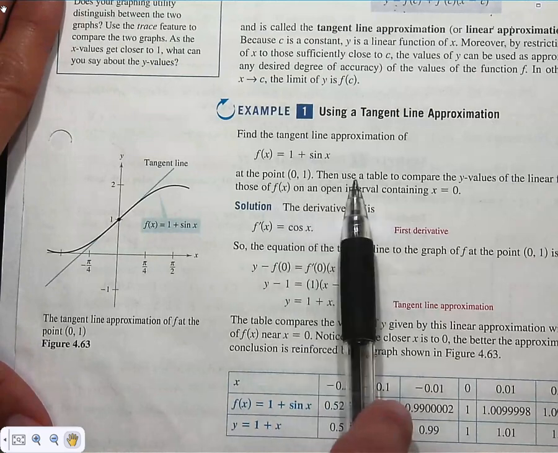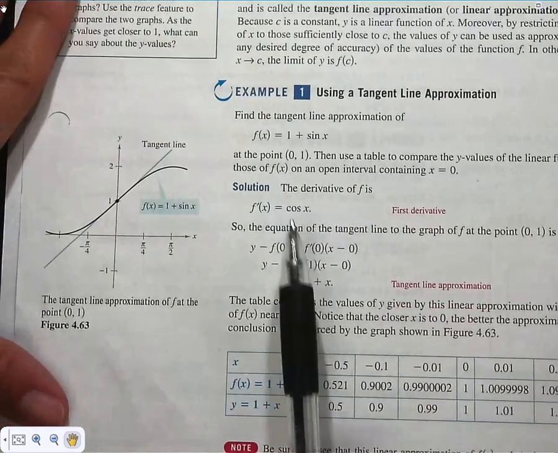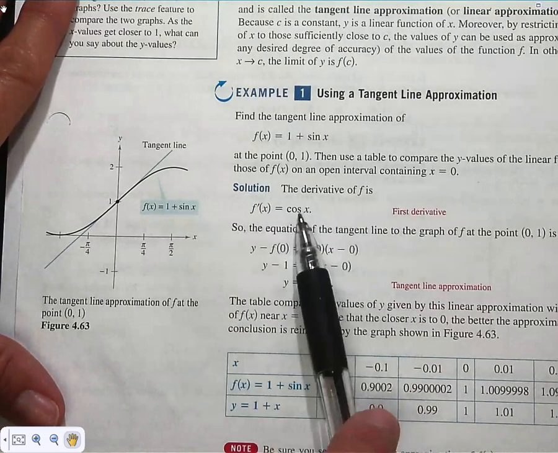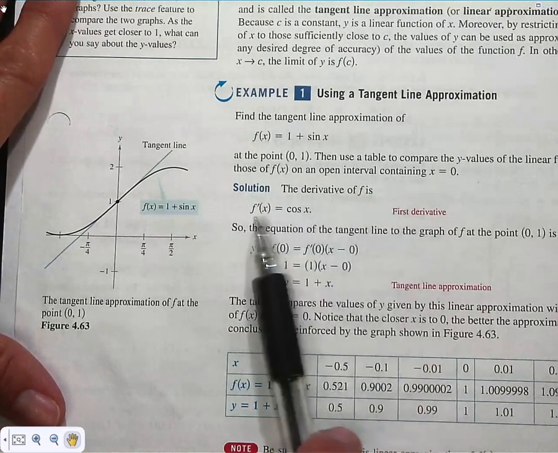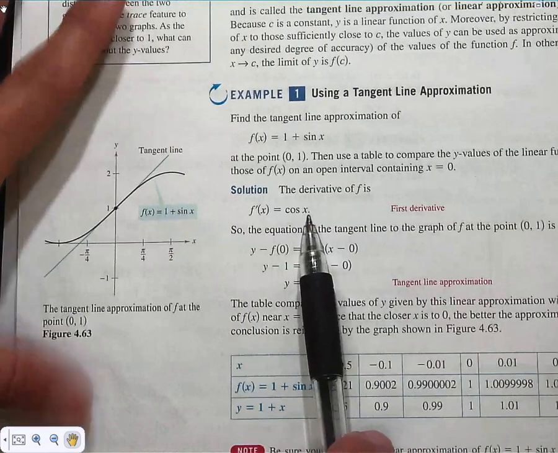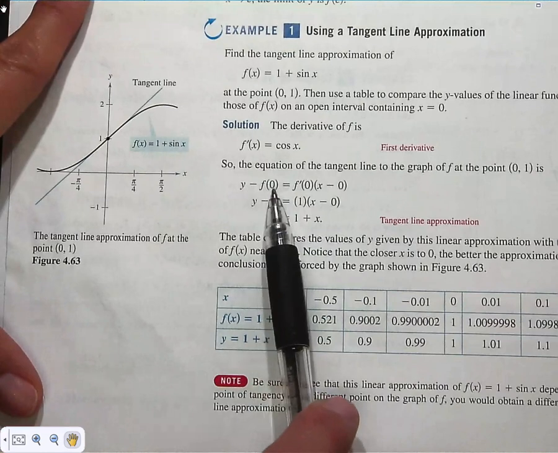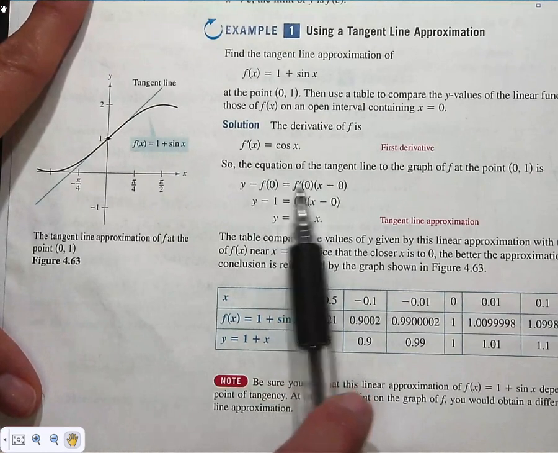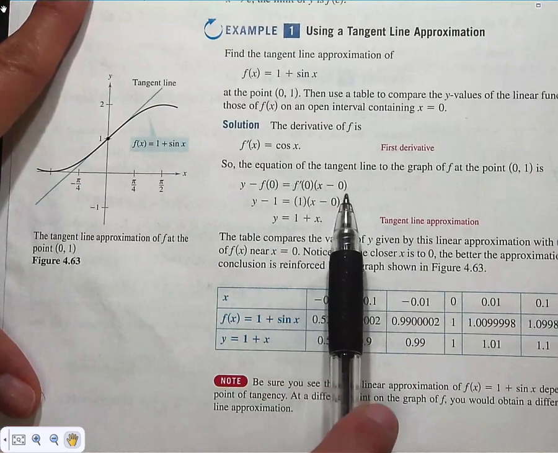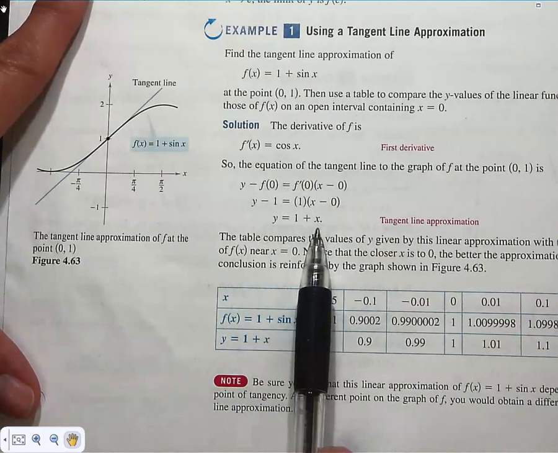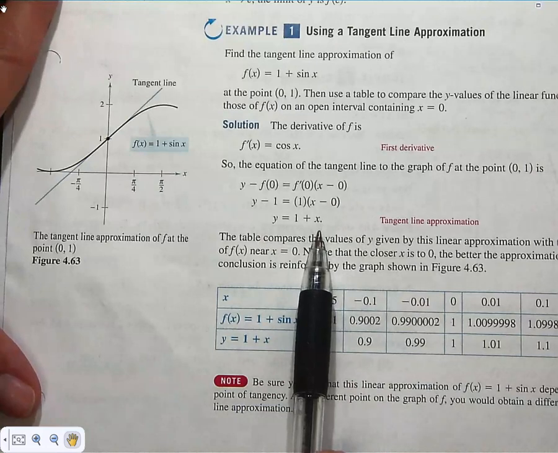The derivative of that function would be cosine x, and at 0, cosine of 0 is 1. So 1 is the slope of the tangent line, and we could find the equation of the tangent line, y minus y1 equals the slope of the tangent line times x minus x1. That equation would clean up to be y equals x plus 1.